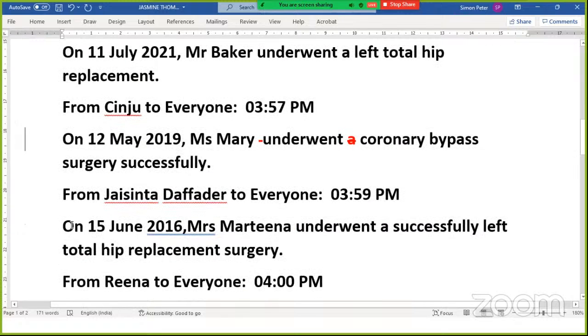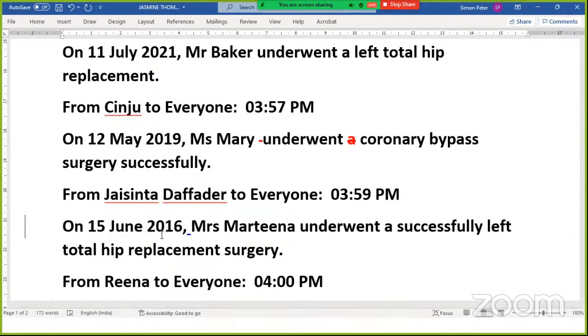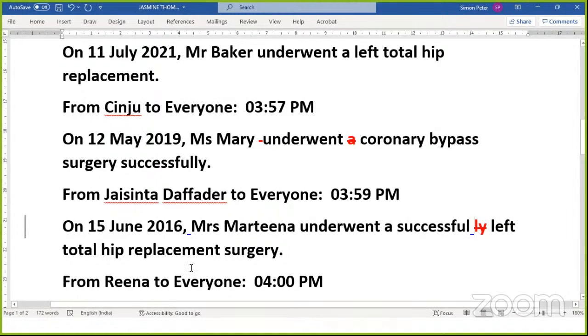Okay, Jai Sinta. On 15 June 2016, after that comma, after comma you have to leave one letter space. Mrs. Martina underwent a successful, not successfully, a successful left total hip replacement surgery.